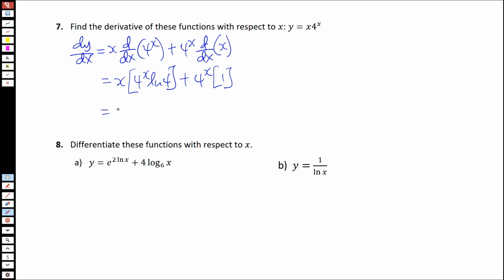And this is same as x into 4 to the power x ln 4 plus 4 to the power x. And that will be the required solution.